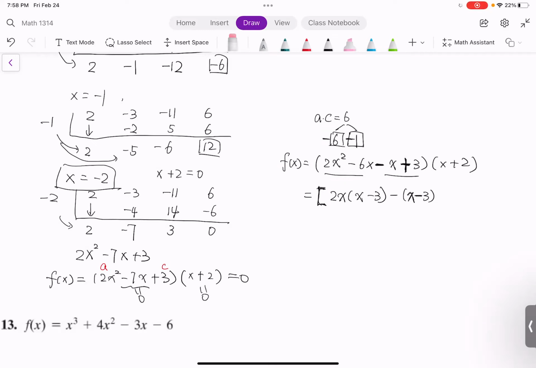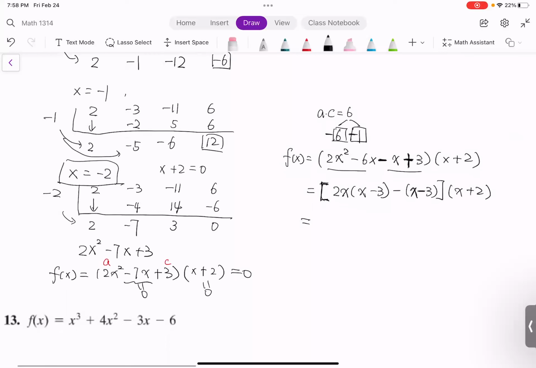And then let's keep on going. Bring down the x plus 2. Then we factor out the GCF, x minus 3, times 2x minus 1, times x plus 2. We are looking for all zeros of the function.